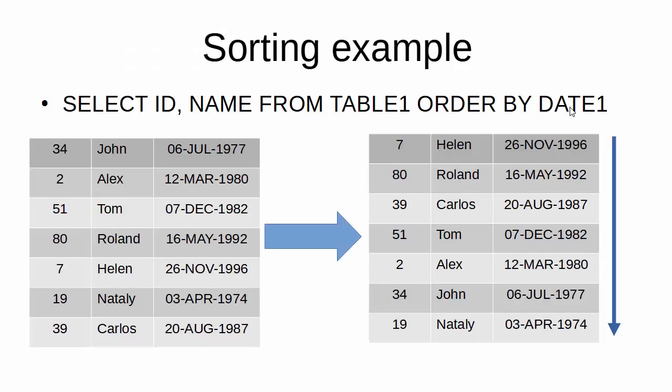If we take a look at this very simple example, sorting means that we receive some record set and sort it using some criteria. For example, in this query we have a record set with ID and name, and it is sorted by date1, some field which contains a date.